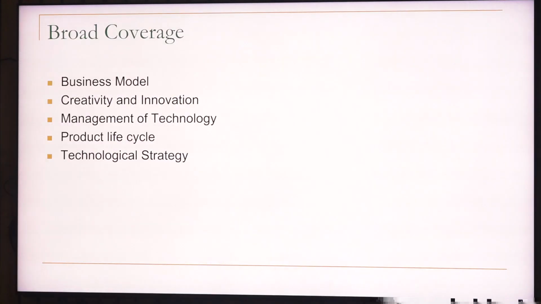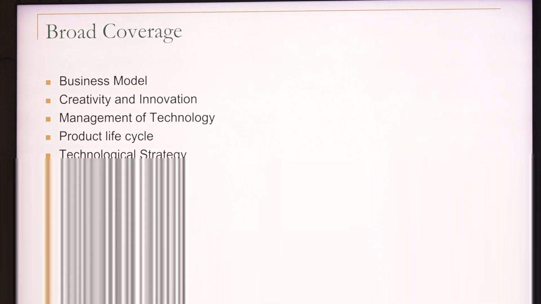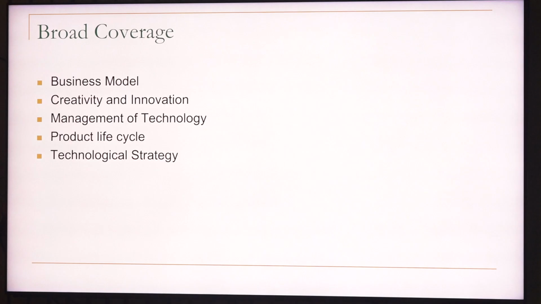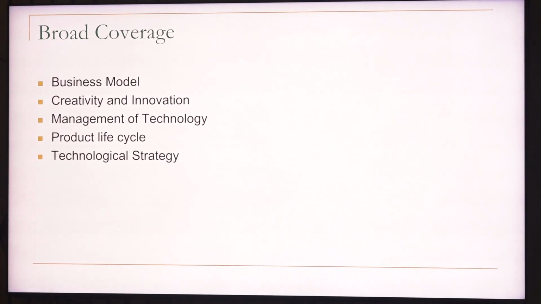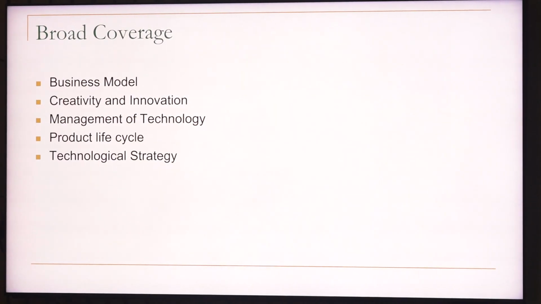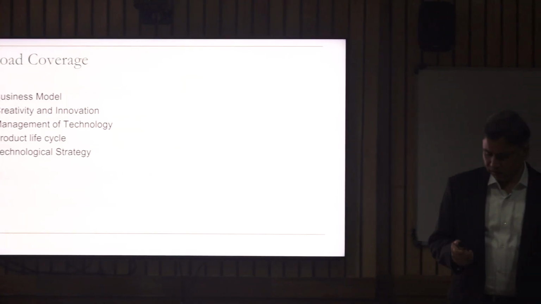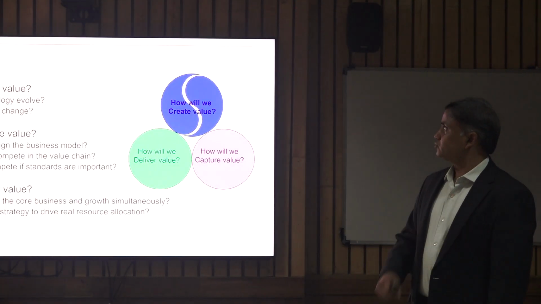Then we will be talking about creativity and innovation, then how technology has historically been managed, then how it is linked with product life cycle, and finally, if possible, how to configure and strategize a technological strategy.